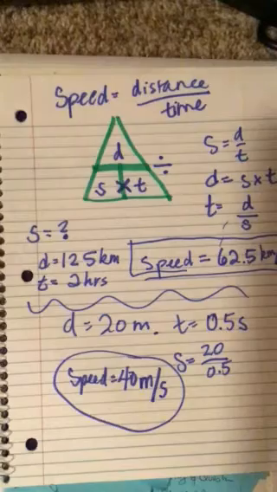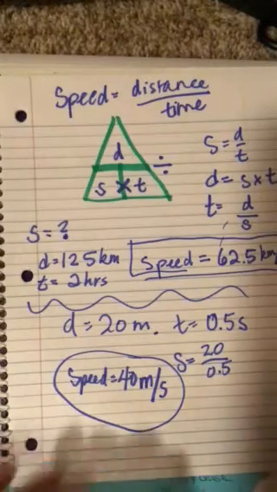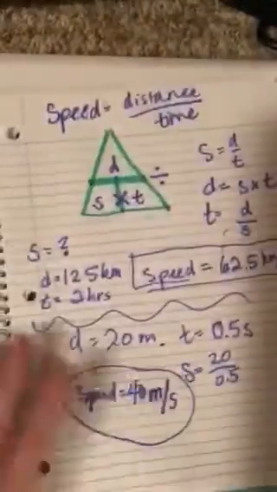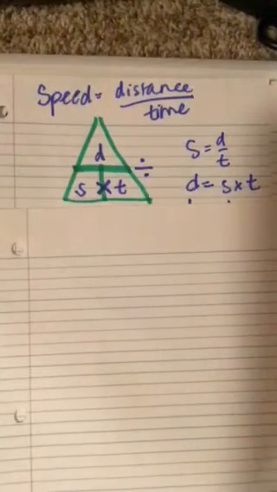All right, let's use the formula triangle to kind of shake things up just a little bit. Hang on, let me get some paper. So now let's calculate for something else. Let's calculate for time or for distance. Let me find a problem.